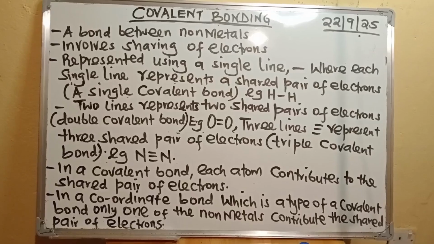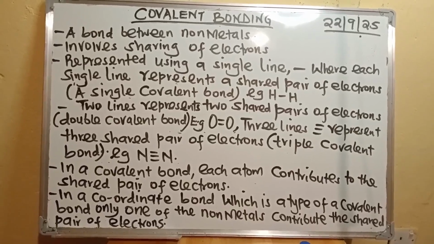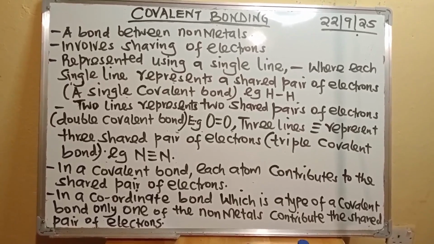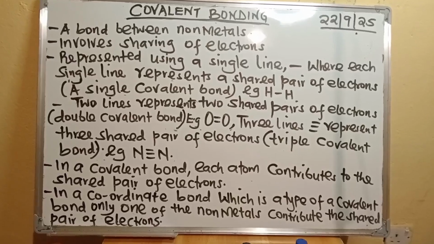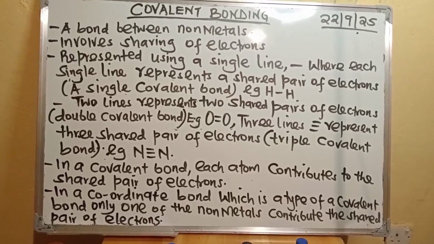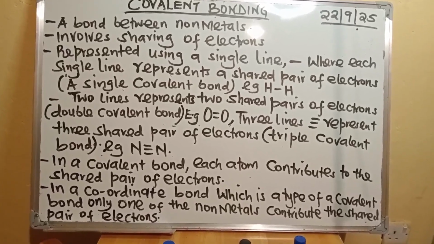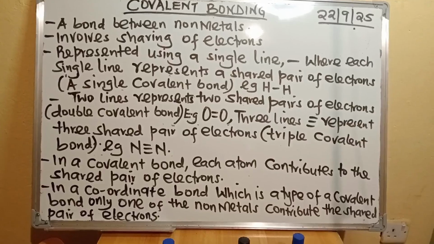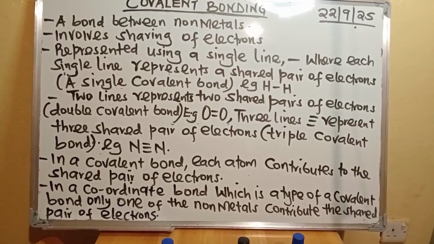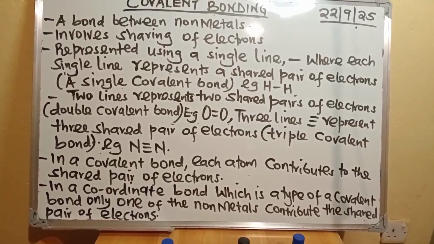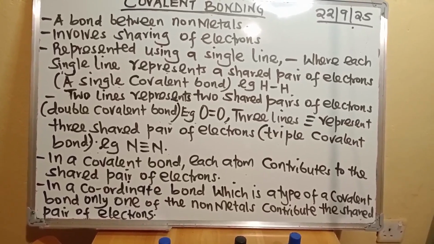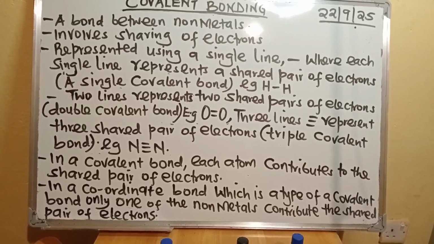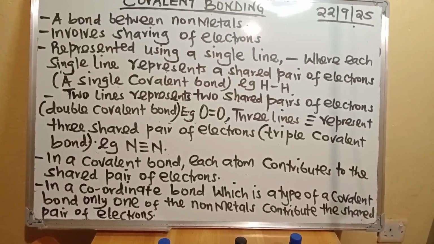I want us to go through covalent bonding, which is a bond between nonmetals. It involves sharing of electrons. It is represented using a single line, where each single line represents a shared pair of electrons, meaning that where we have only one single line written between two nonmetals, that represents a single covalent bond.